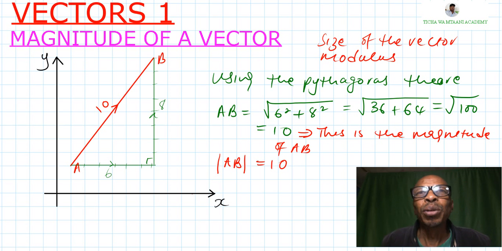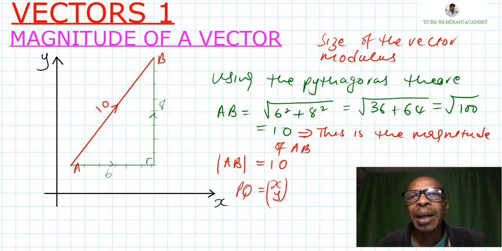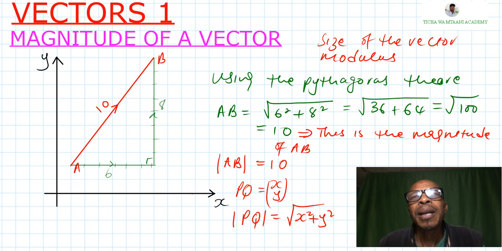So that's how we get the magnitude of a vector. In general, if we are given PQ as a column vector with components x and y, the magnitude of PQ is equal to the square root of x squared plus y squared. So we use the x and y displacement, or components, as we referred to them in our earlier lesson.